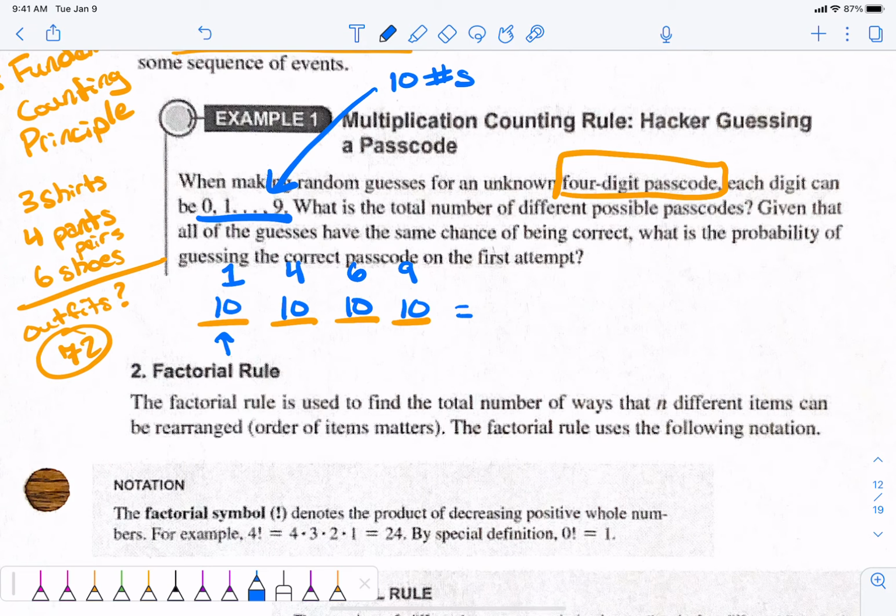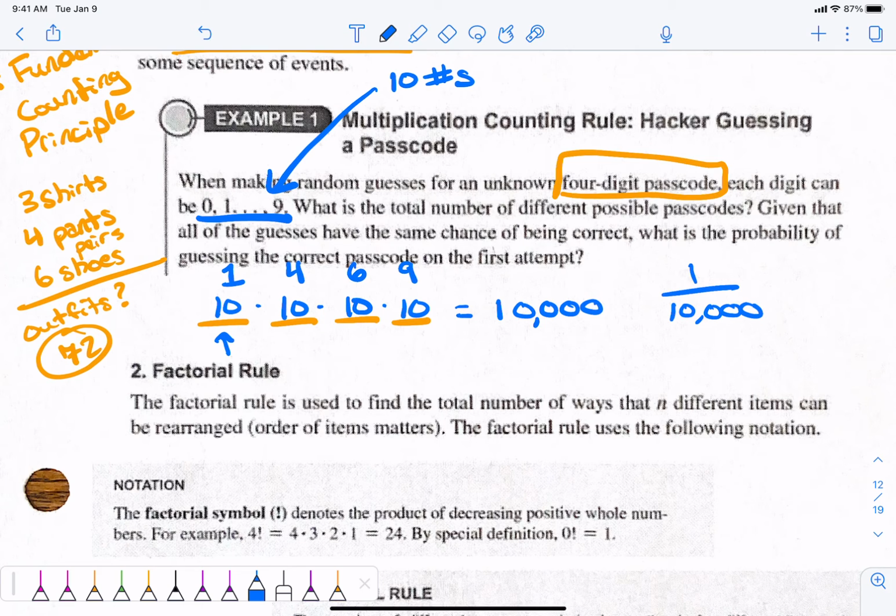How many total possible codes are there? 10 times 10 times 10 times 10. Don't use a calculator. It is 1 with 4 zeros, right? There's 4 10s, so 1 with 4 zeros. There are 10,000 codes. So if I guess randomly, what are the chances of me guessing that code exactly correct? 1 out of 10,000.